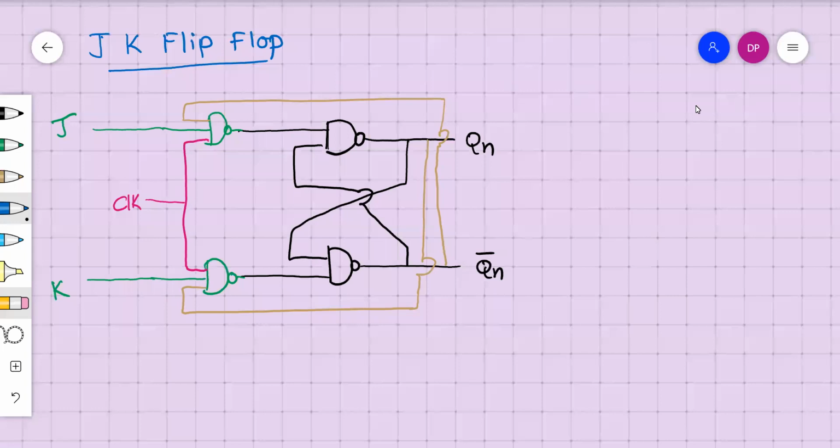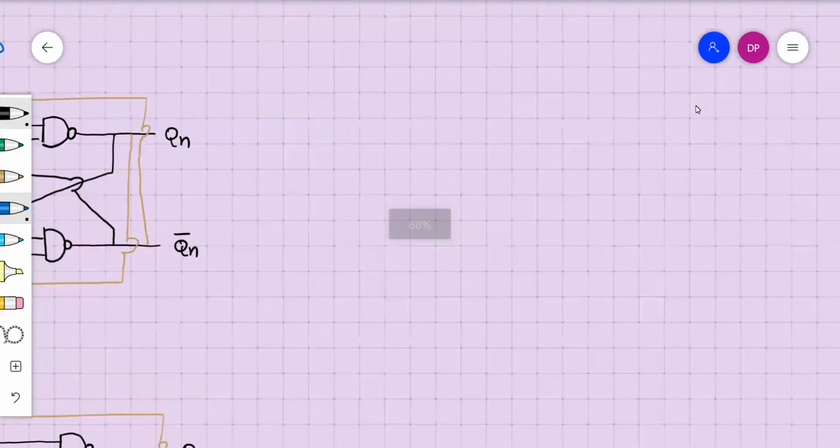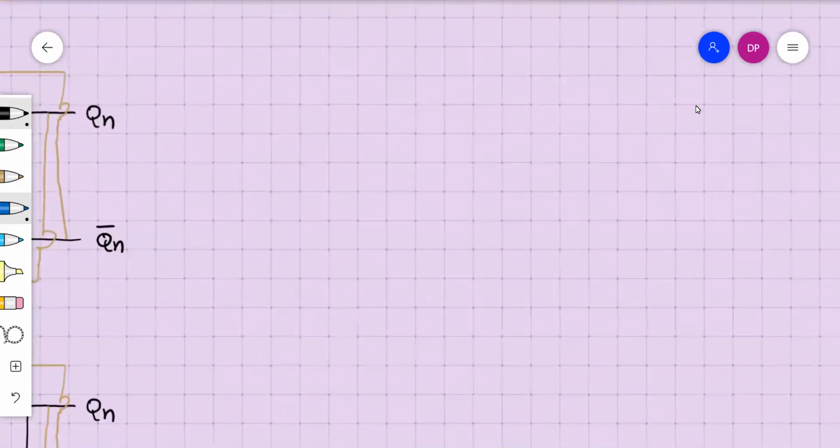Before we try to make the truth table, let's review the truth table of the NAND gate.